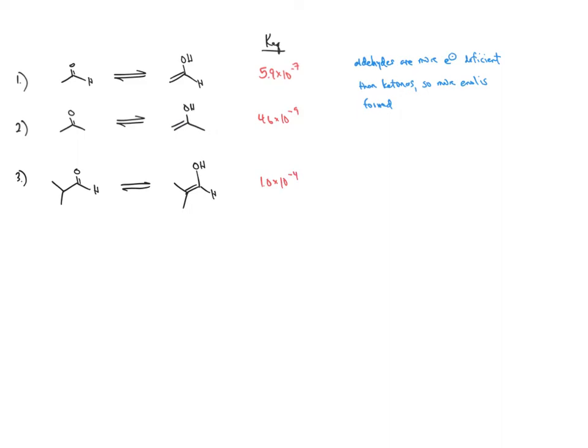Now, why is this roughly 1,000 times more stable in the case of the enol than the acetaldehyde is? Well, this is because you have a more highly substituted hydroxyalkene. Remember from our discussion of alkene chemistry last semester, more highly substituted alkenes are more stable. And so this will give more enol.